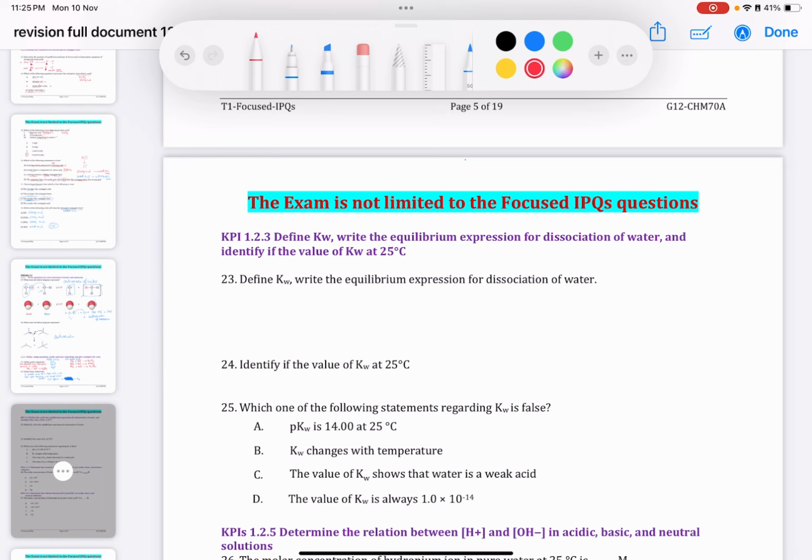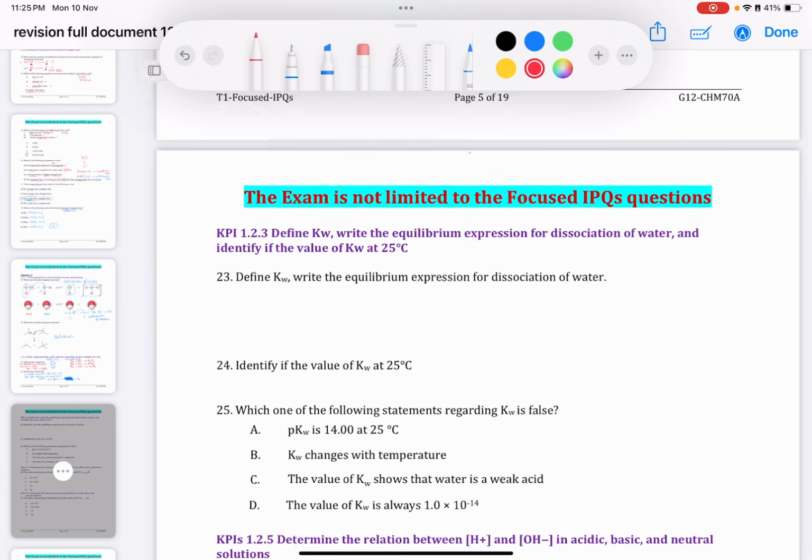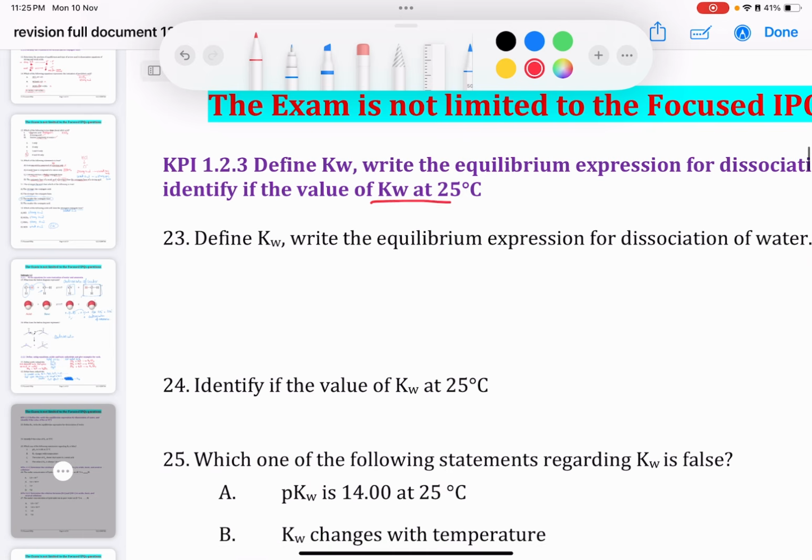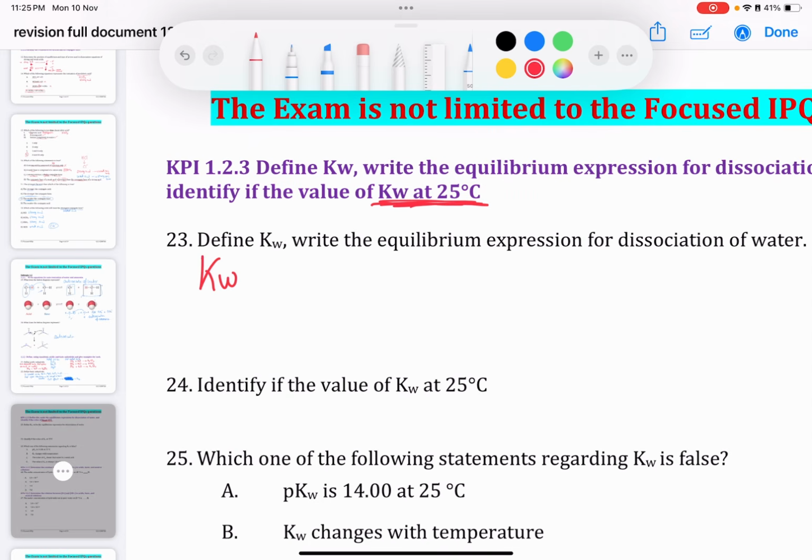Define Kw and write the equilibrium expression for the dissociation of water. And this Kw, we memorize its value only at 25 degrees Celsius. Kw, K represents a product constant, and W represents water. So this is the equilibrium constant for the dissociation of water.